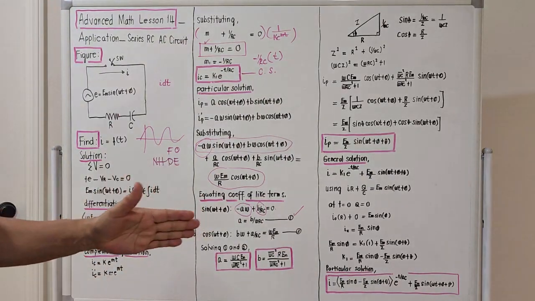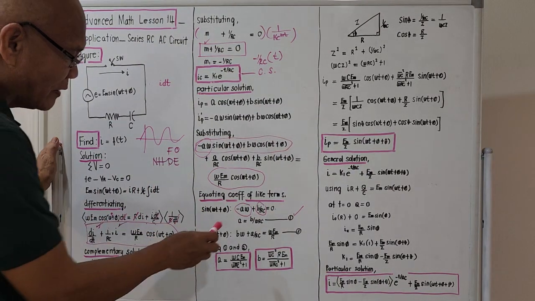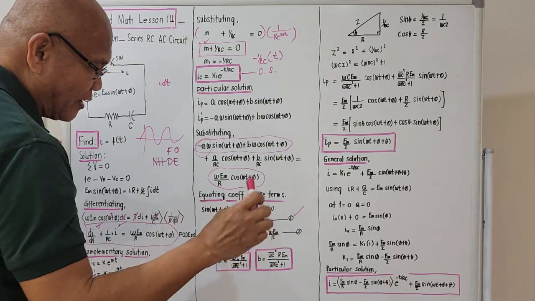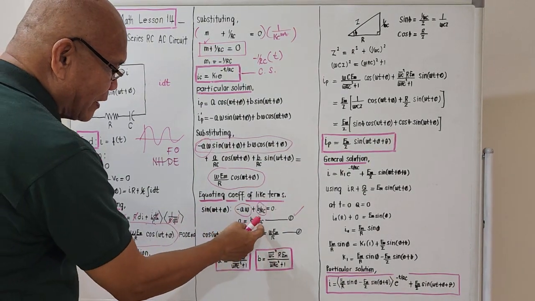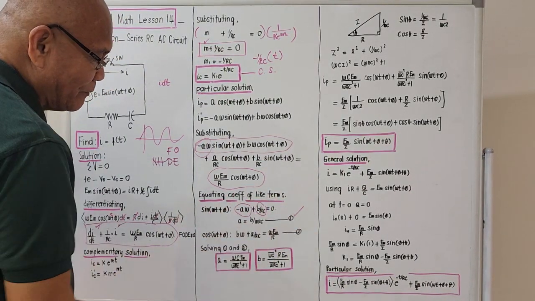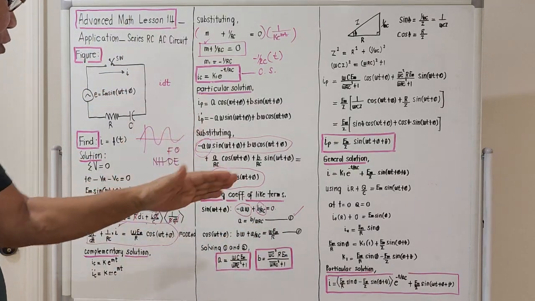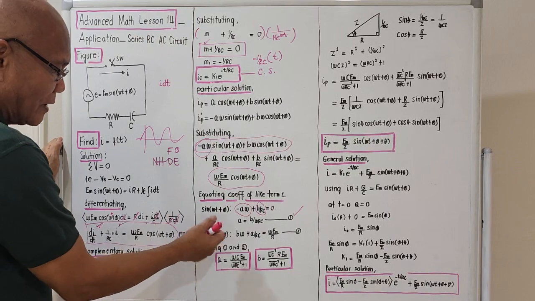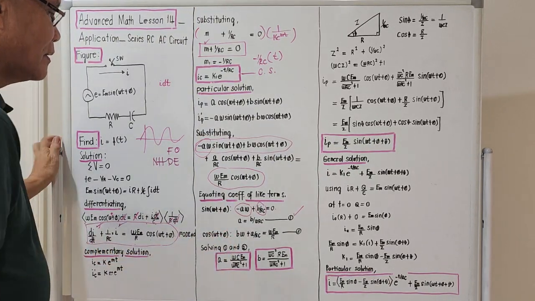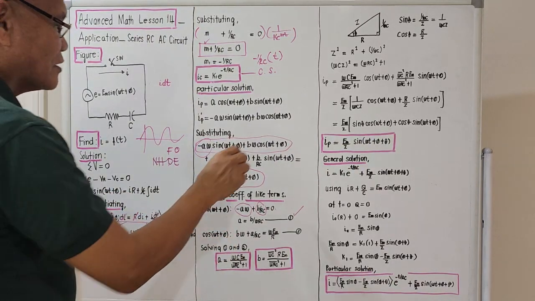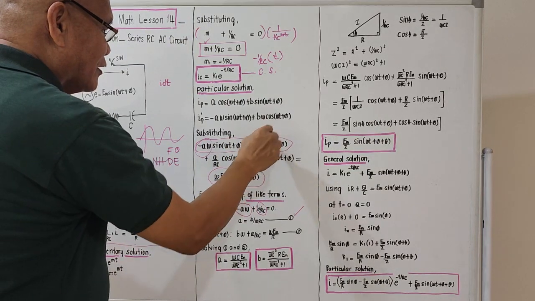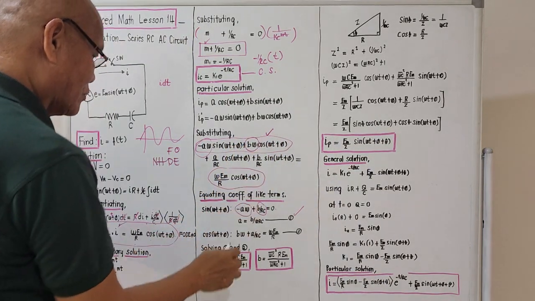So we are now given equation number 1 involving A and B plus the constants omega, R, and C. Because for any given problem, these are given. Okay, let's proceed. Cosine of the quantity omega t plus angle P. Cosine of omega t is this one. The coefficient will be BW. So this is BW.